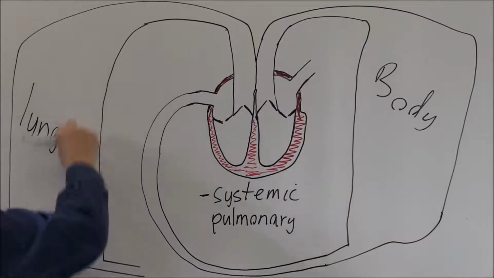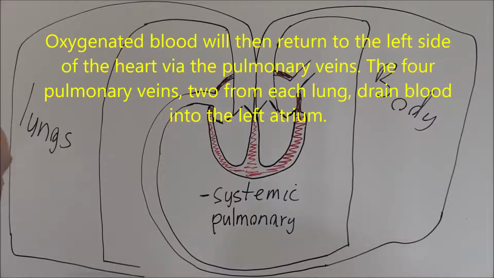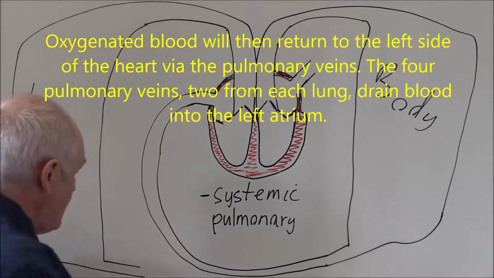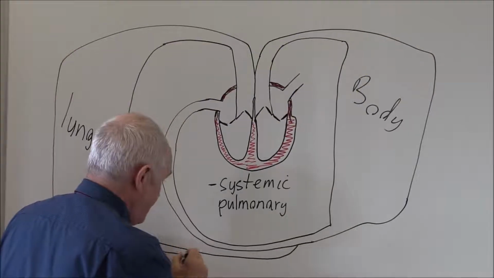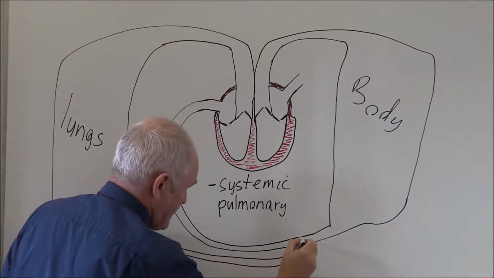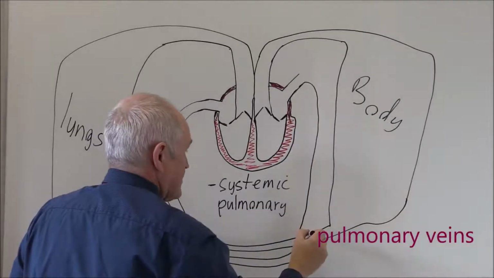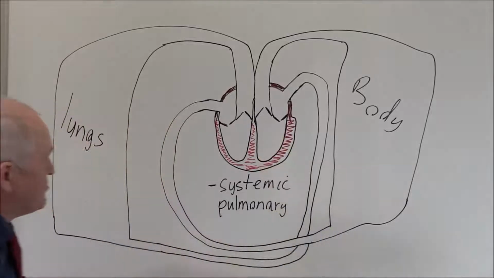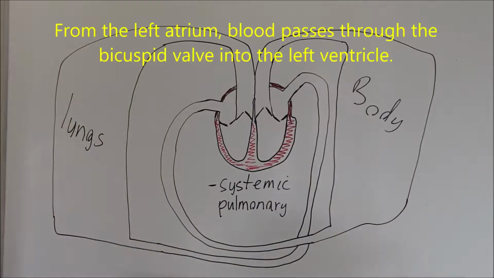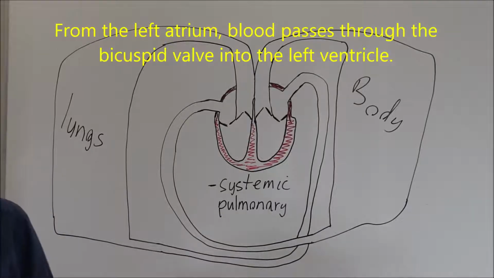As the blood goes through the lungs, it's going to be oxygenated and give up its carbon dioxide, or most of it, and then the blood is going to drain back via these pulmonary veins back into the left atrium. So there we see the full circulatory system in all its splendour and yet great simplicity.